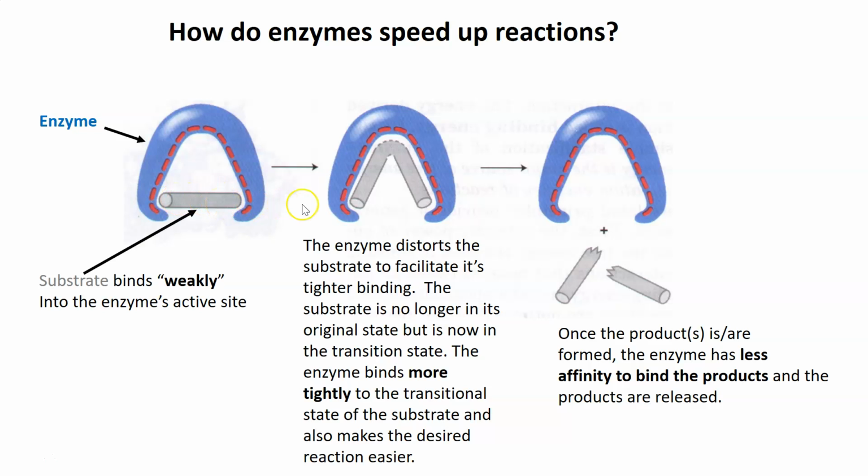Now the enzyme prefers the bond to be in this distorted state, so it doesn't have to do anything. The bond actually forms in the distorted state, and once it forms the bond in its distorted state, the bond then breaks, and those high energy electrons are released.